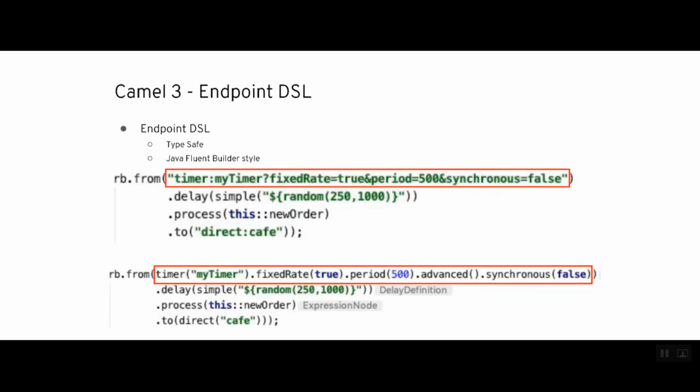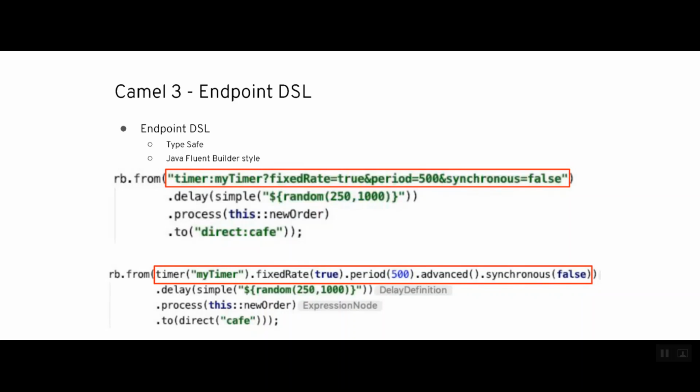In Camel 3 we introduced the endpoint DSL, which is type safe and based on the Java Fluent Builder style. In Camel 2, when you specify an URI, you are providing a string. As everyone knows, a string is prone to mistakes.